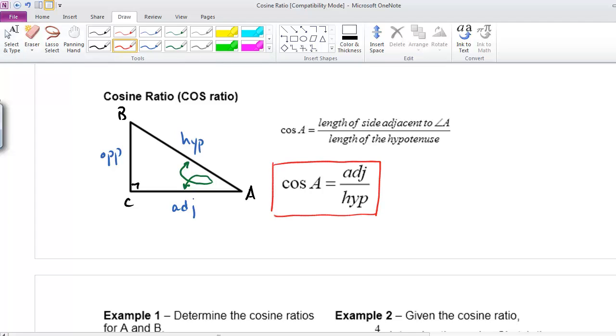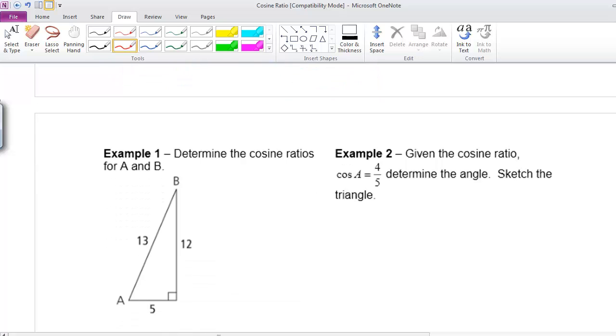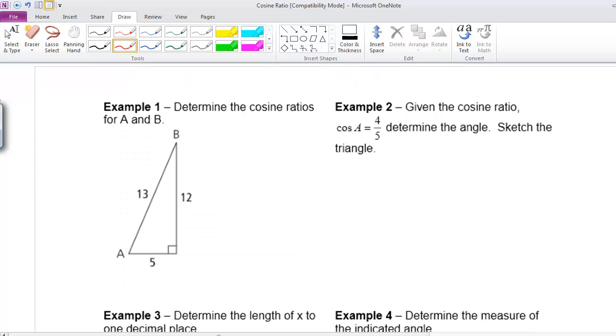something called the cosine ratio. So the cosine ratio of a right triangle is the relationship between the adjacent side and the hypotenuse of a particular angle. And this is the last of the basic trig ratios. Okay, let's look at some examples just like last day. Determine the cosine ratio.